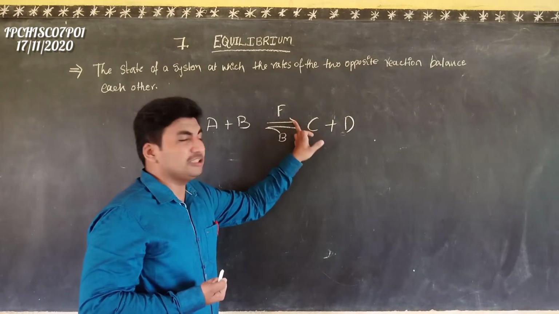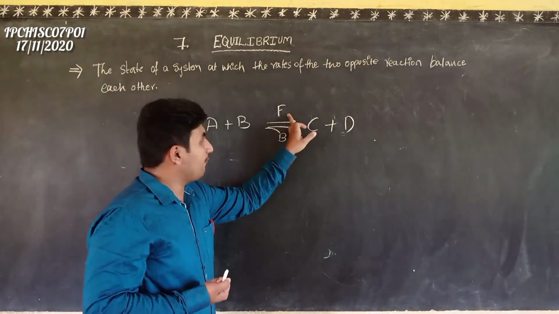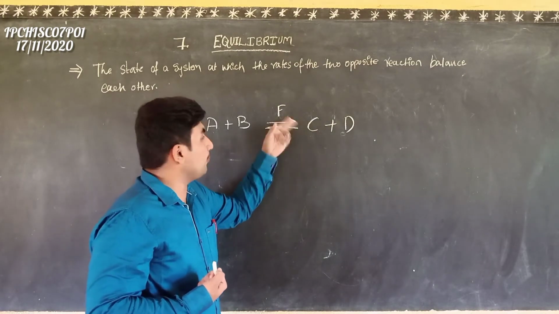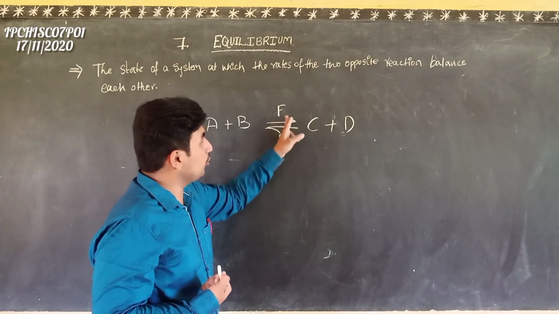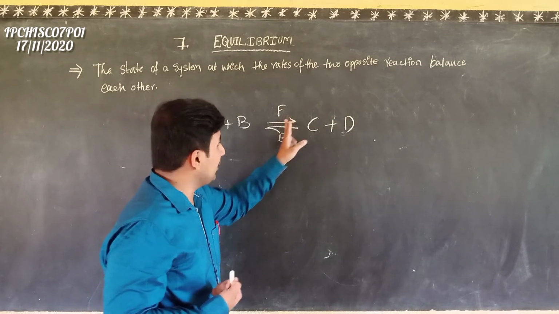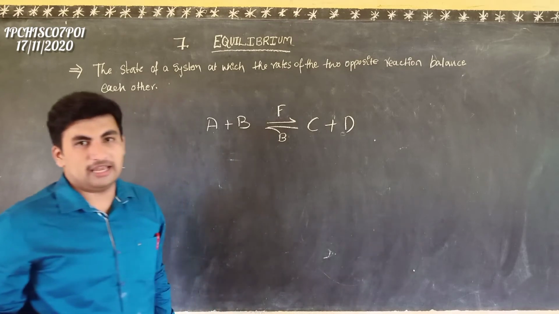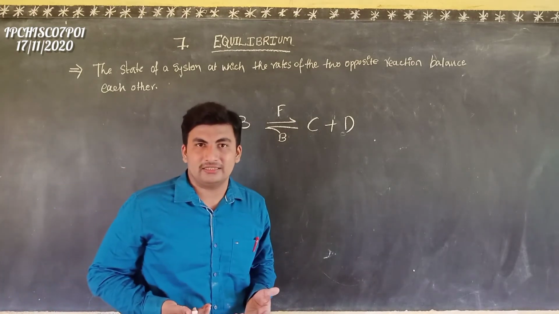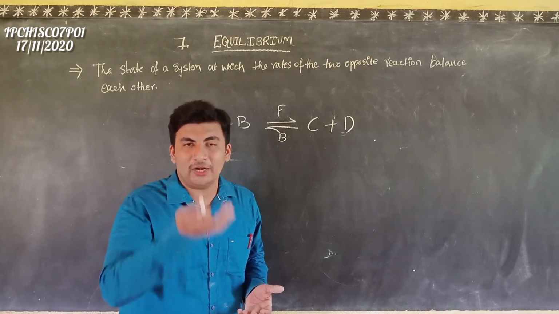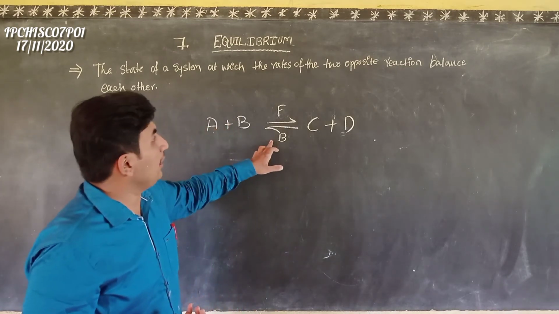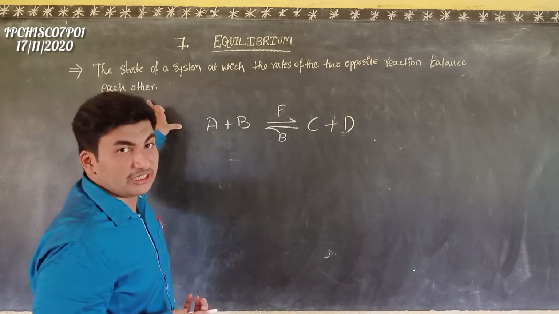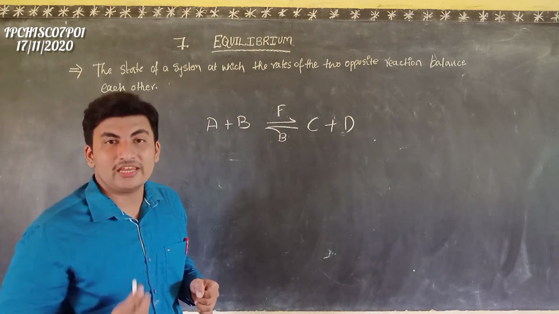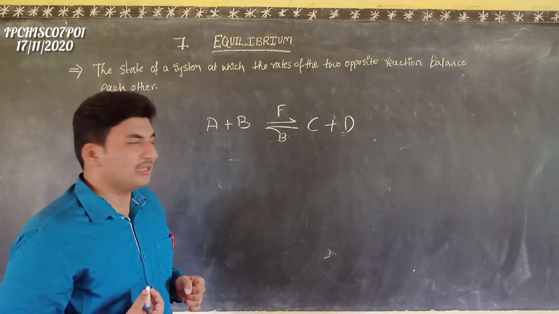Opposite reaction means for forward, the opposite is backward, and for backward, the opposite reaction is forward. So the two opposite reactions balance each other. You heard the term balance, right? Let's call it equilibrium or state of equilibrium.